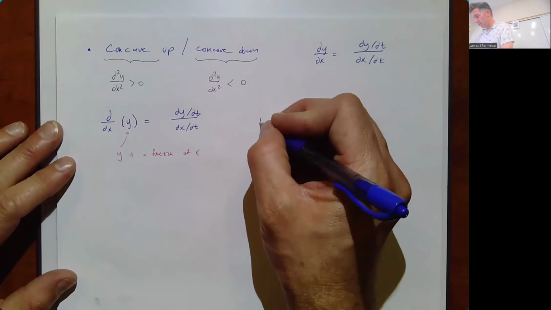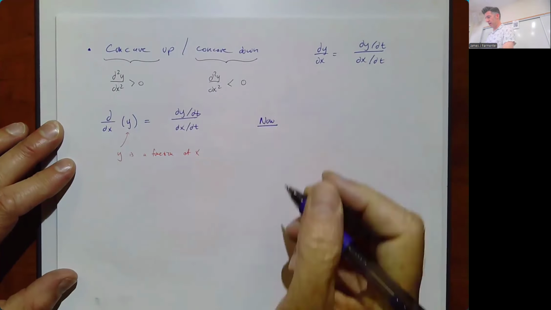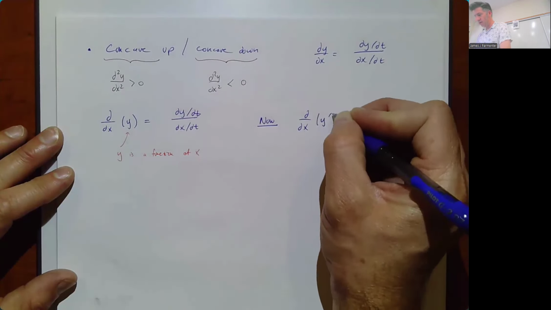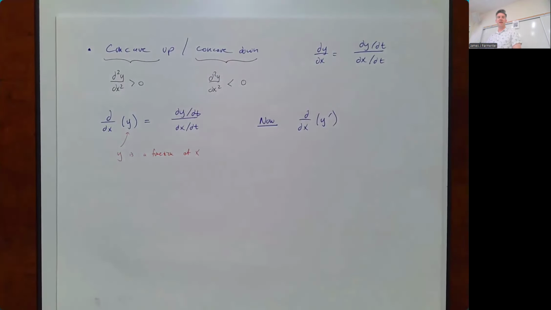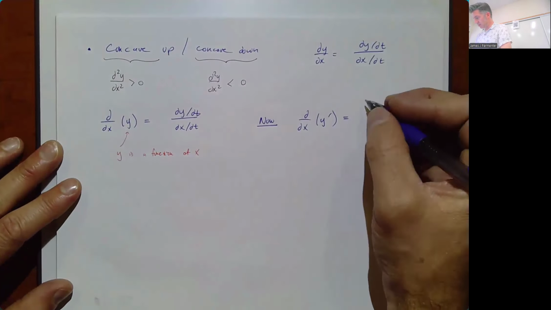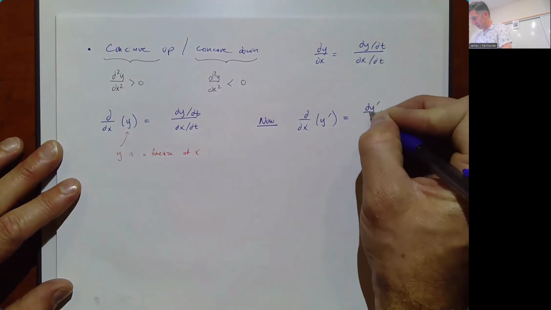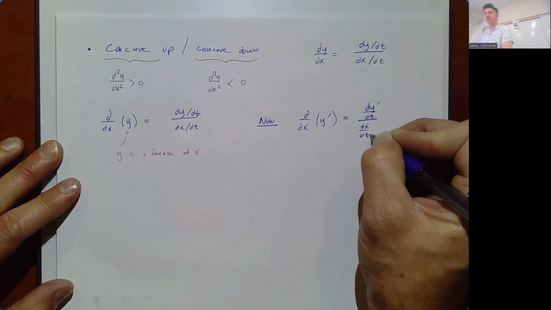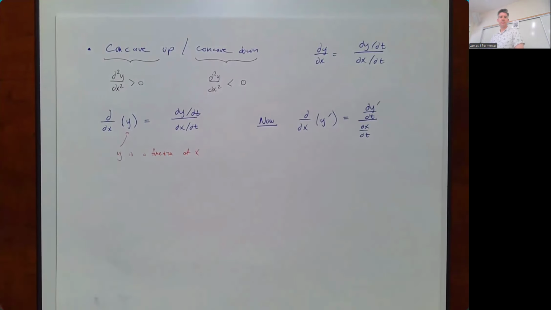So now we can say that the derivative with respect to x of y prime is going to be dy prime/dt divided by dx/dt.